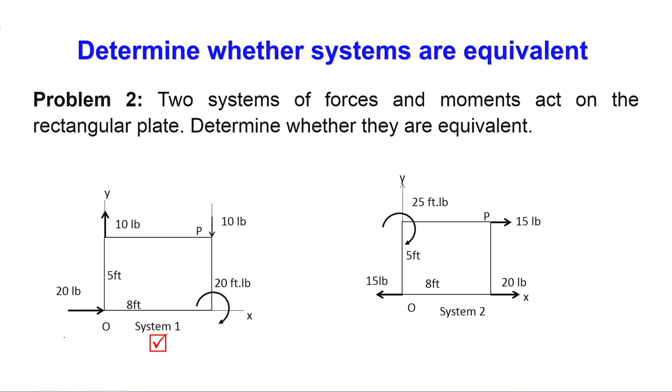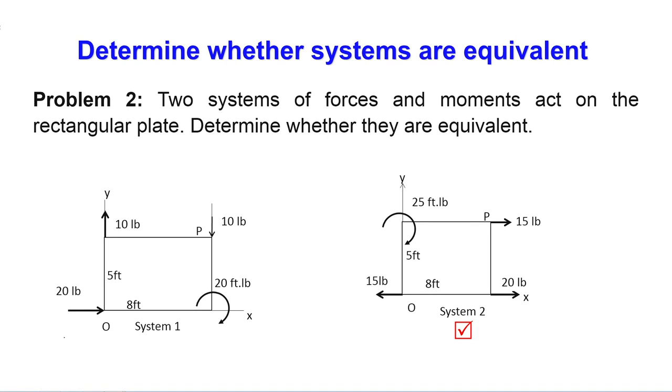So, here the forces are only in the x direction, one force is there, but in the y direction they cancel each other. In the second system, in the x direction there is 15 pound in the negative direction and 20 pound in the positive direction, and 15 pound in the positive direction another. So, on the positive side there is 35 pound and 15 pound in the negative direction.